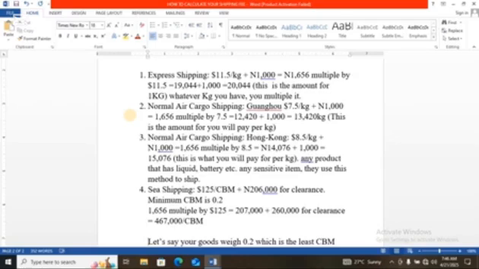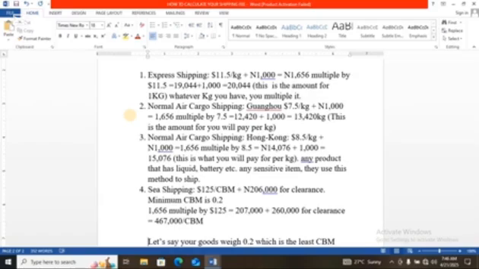How much are you going to pay when you are using normal cargo shipping, that is the Guangzhou route, without sensitive goods? And let's find out how much you're going to pay for the Hong Kong route, that is goods that have to do with battery, liquid or sensitive items. So for the express shipping, they charge 11.5 per kg plus 1,000 naira for clearance.